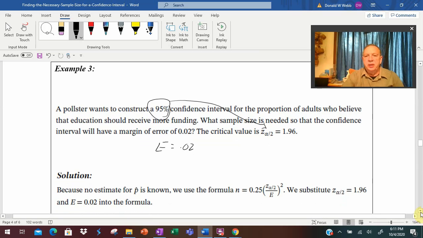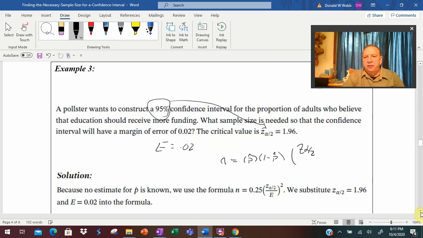So remember, I had that n is equal to p hat times 1 minus p hat times Z alpha over 2 over E, squared. The p hat we're going to use is 0.5. So 0.5 times 0.5 is going to give us the 0.25.